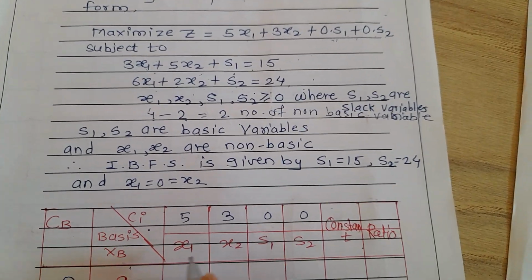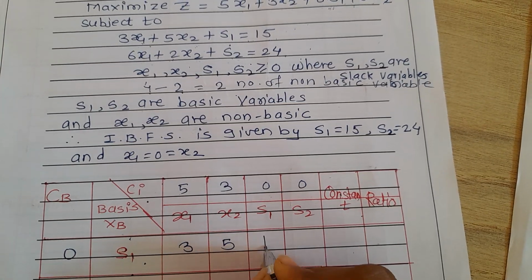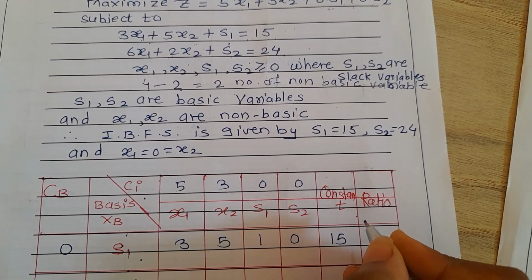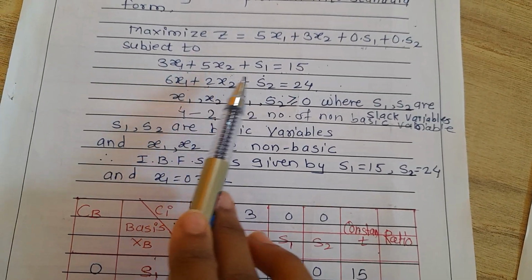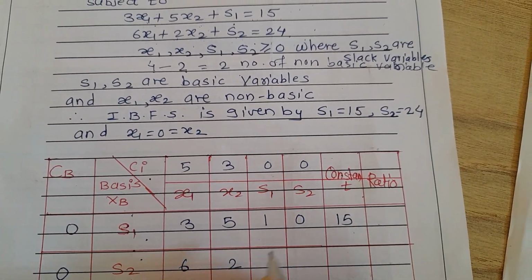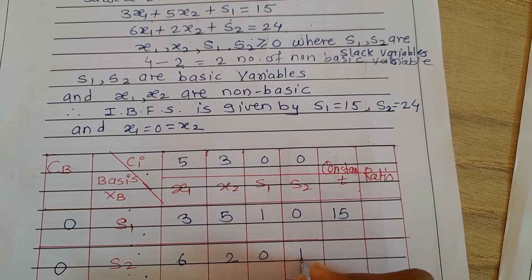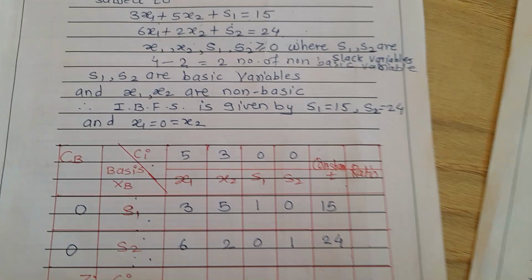So 3, 5, 1, 0 and the constant is 15. Now the second constraint: 6, 2, 0, 1. S1 is not available in the second constraint, therefore it is 0, then 1, and the constant is 24.